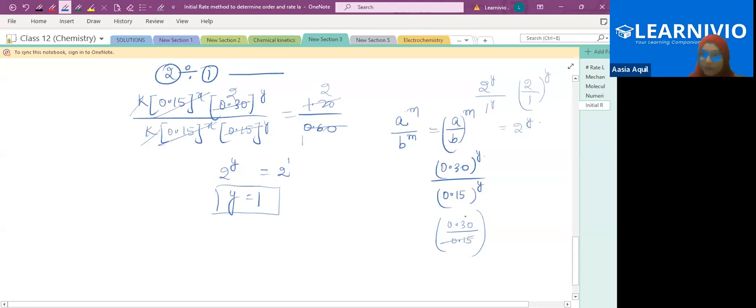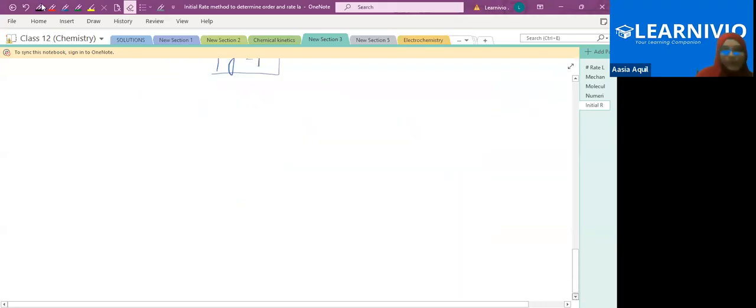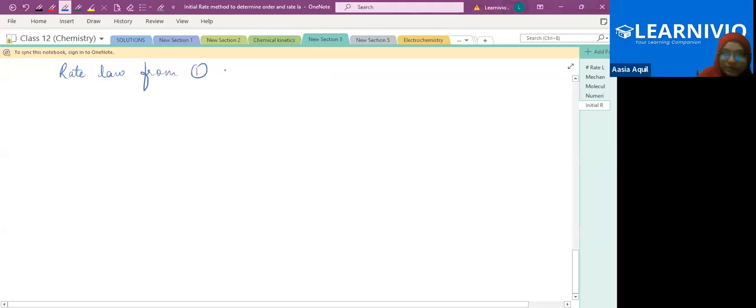Okay, so you will get 2 raised to the power 5. Similarly, the rate law from the first and third experiment.